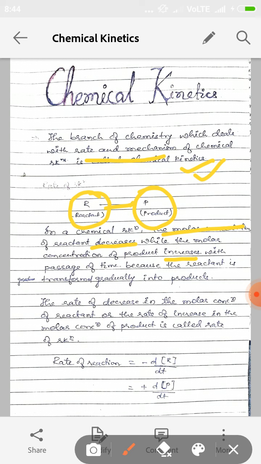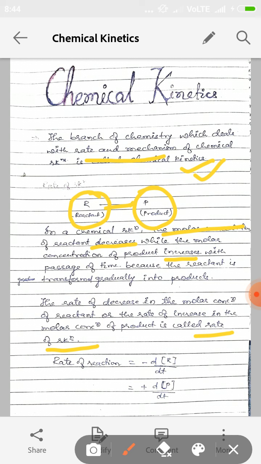The rate of decrease in the molar concentration of reactant, or the rate of increase in the molar concentration of product, is called rate of reaction. Again I repeat, the rate of decrease in the molar concentration of reactant and the rate of increase in the molar concentration of product is called rate of reaction.